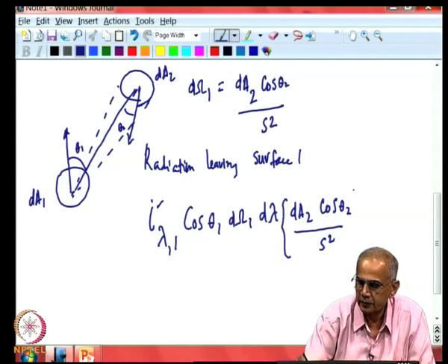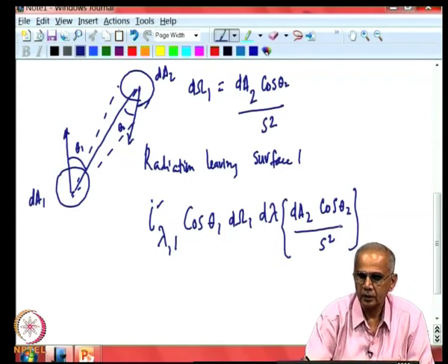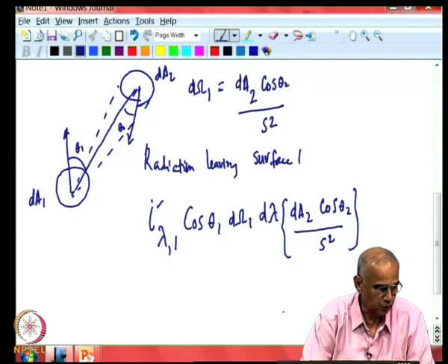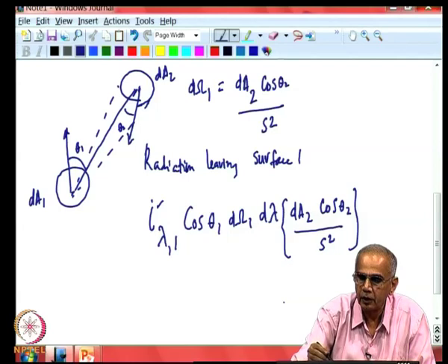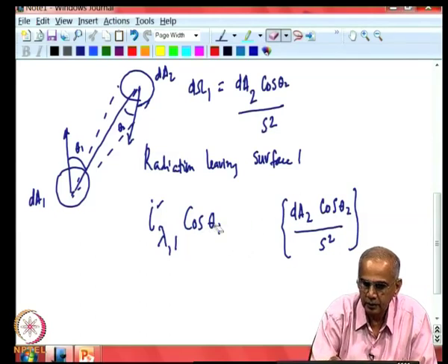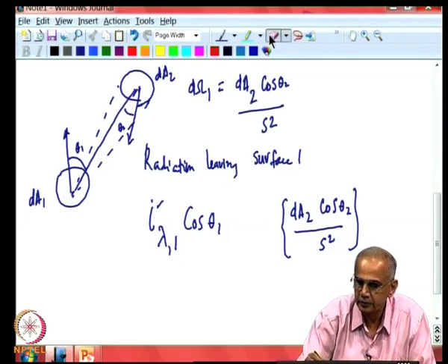So, this is the solid angle that is subtended by 2 at 1. As a matter of fact, I do not have to keep d omega 1 here because I have defined it. Let me rewrite that for convenience.